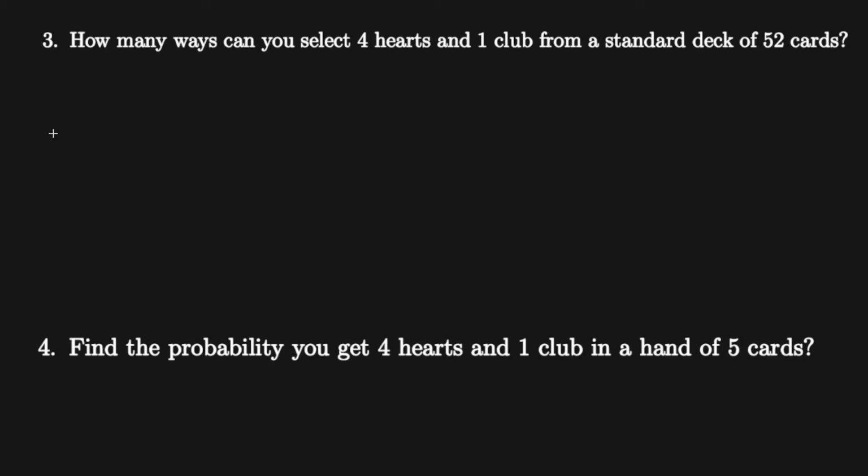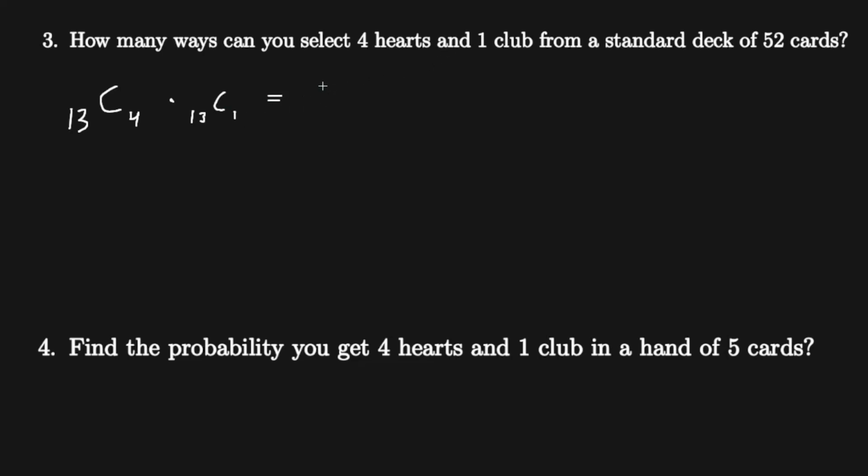We know that there are 13 cards of each suit. So there are 13 hearts, and in total we have 13 choose 4. The 4 is the hearts, and 13 is how many hearts there are in a standard deck. We can multiply that by the 1 club. Same thing, there are 13 clubs, choose 1.